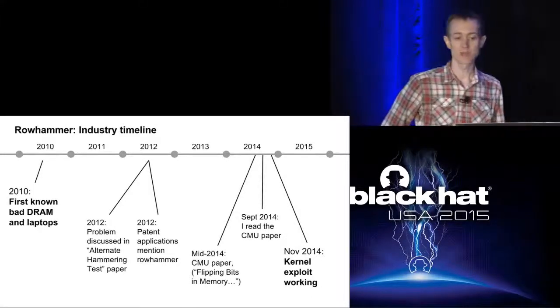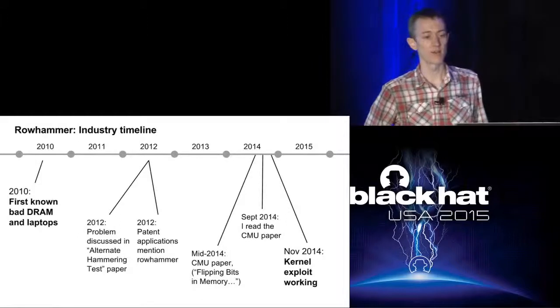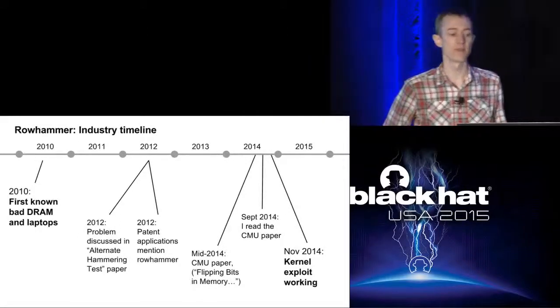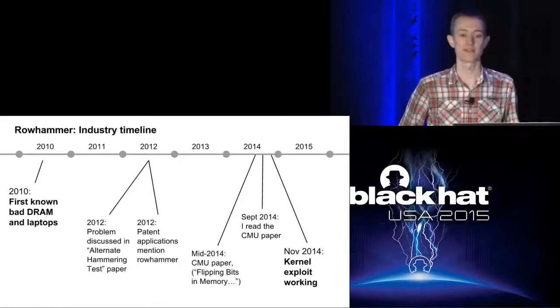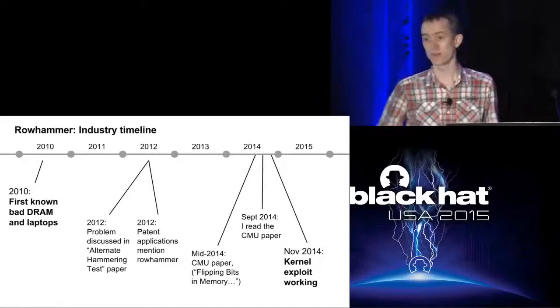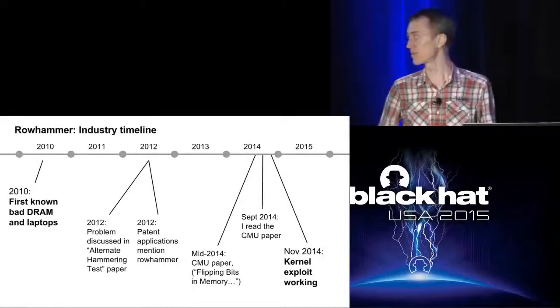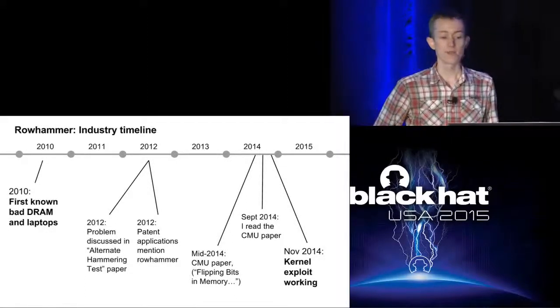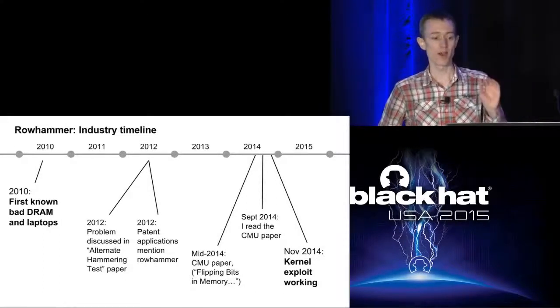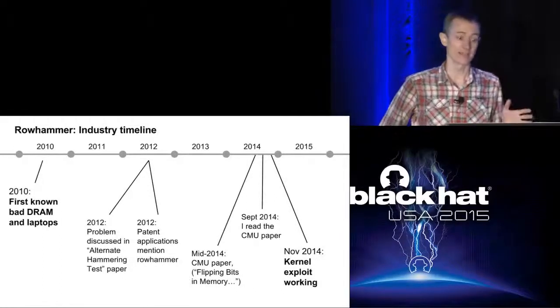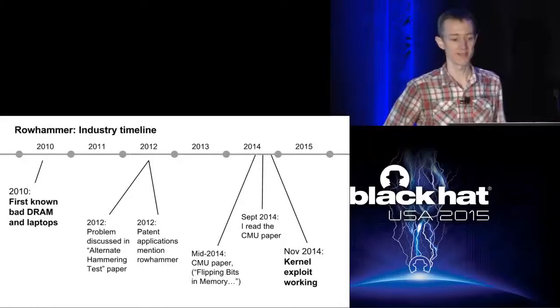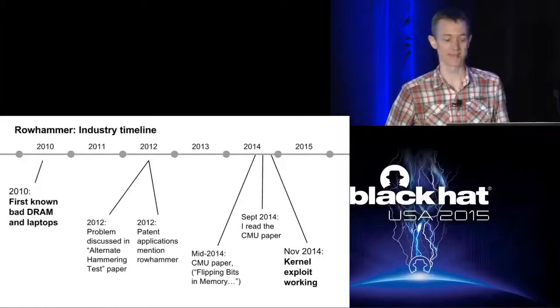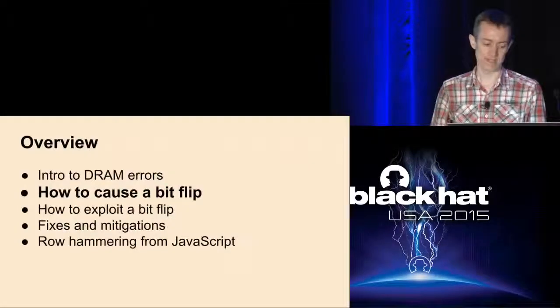The earliest laptops and DRAM that I know of that had the problem are from about 2010. And there's a paper and some patent applications about the problem from 2012. So the industry knew about this for a while, but it was generally keeping quiet about the problem until the splash made by the CMU paper last summer.